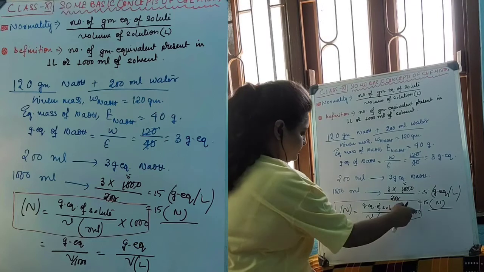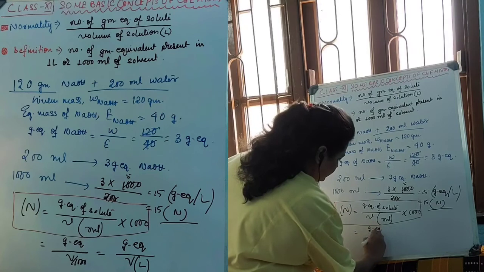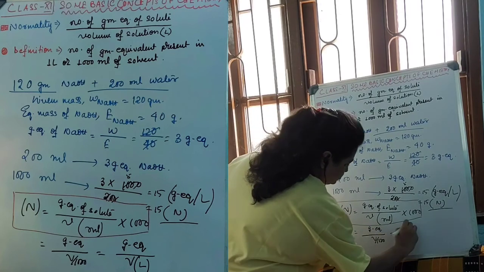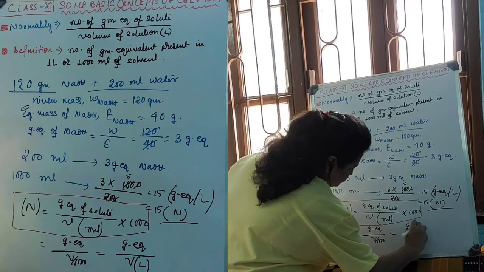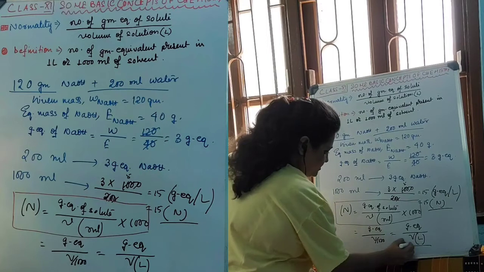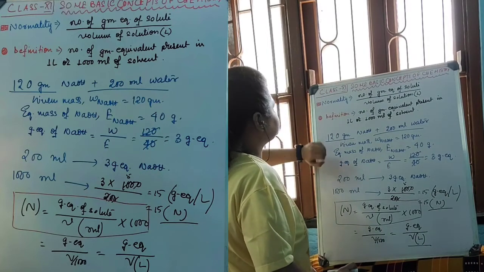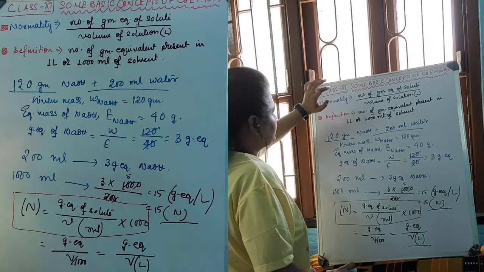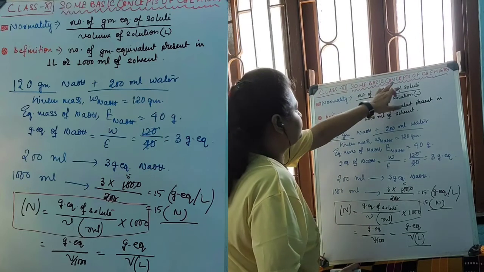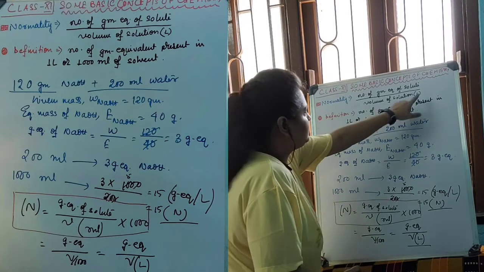If I take this 1000 into its denominator, then the expression will look like V by 1000, which will give gram equivalent of solute by volume of solution in liter. Normality equals number of gram equivalent of solute by volume of solution in liter.